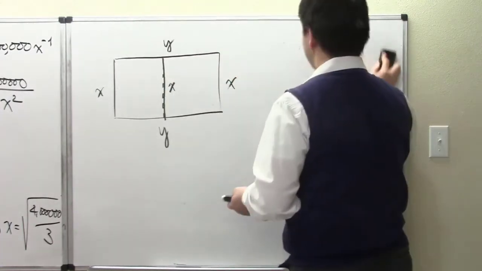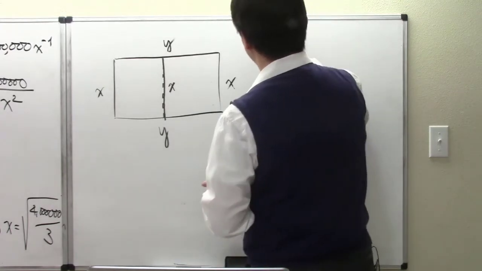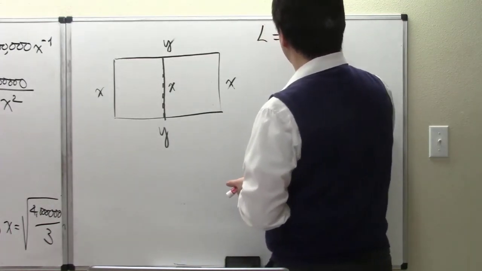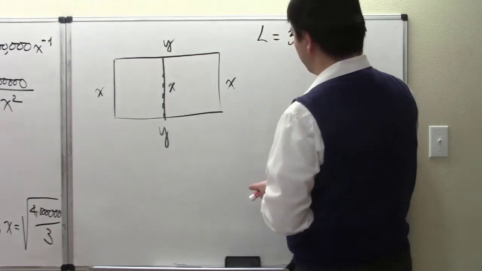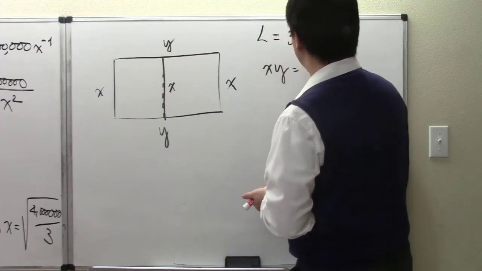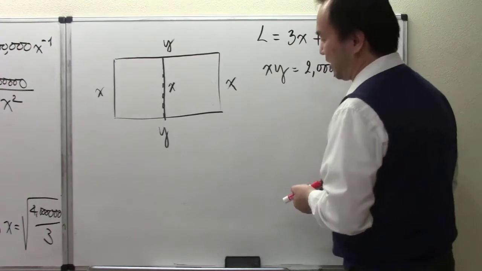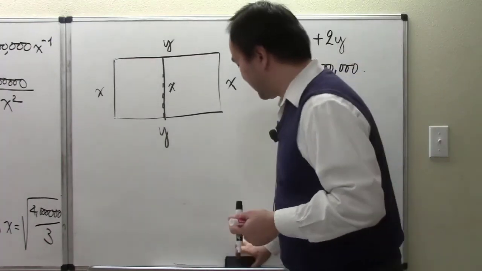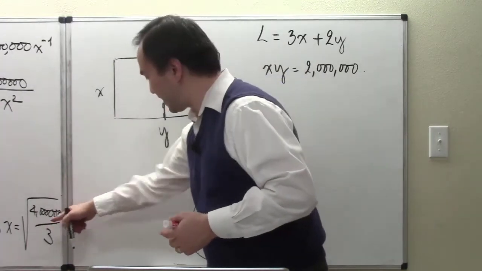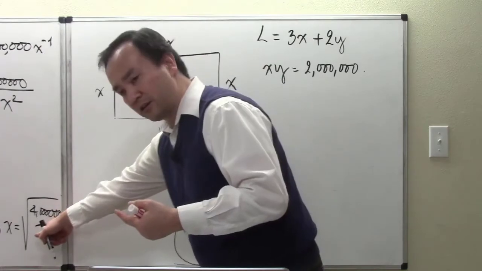Let me remind you that our starting function was the beginning length, 3x plus 2y, and that was our objective function, and our constraint was xy equals 2 million. That was all we had. In this way, we came to expressing our objective function as L of x. So this is our critical value.